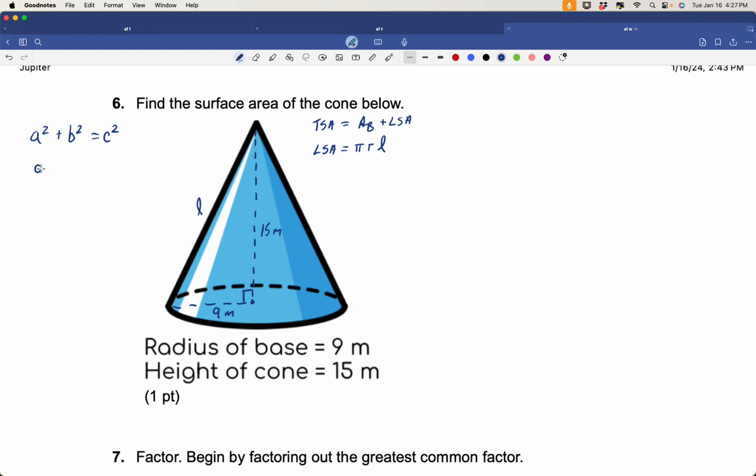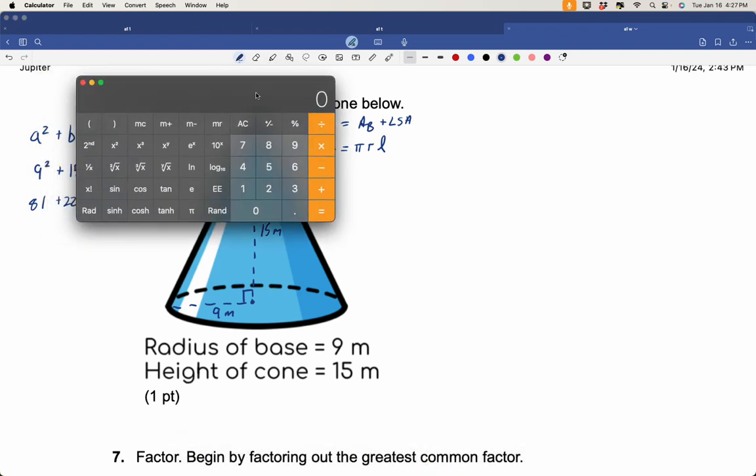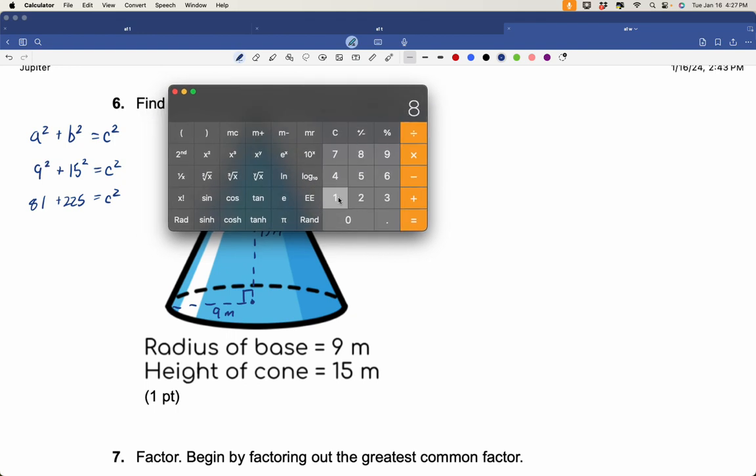But what you would do is you would say 9 squared plus 15 squared, the radius and the height, would be c squared. And this would be 81 plus 225 is equal to c squared. 81 plus 225 is going to give you 306.